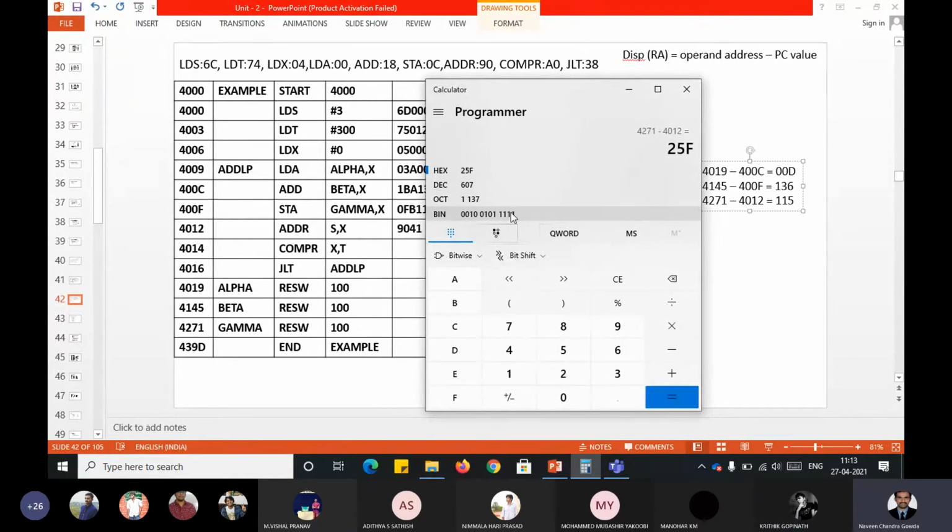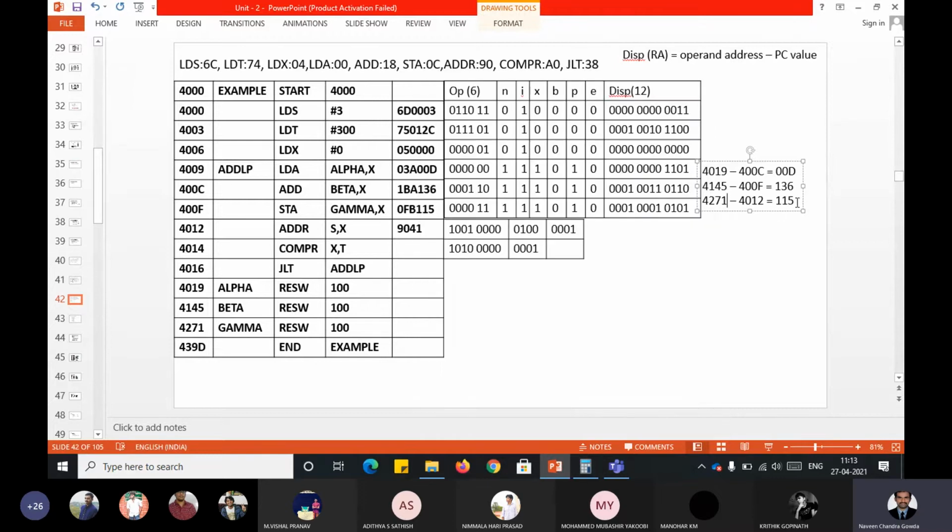I have to write that as 25F, 5 and F, and replace it here as well. B followed by 25F. Good. Anything else? Rest everything is okay? Yes, sir. Okay, good.